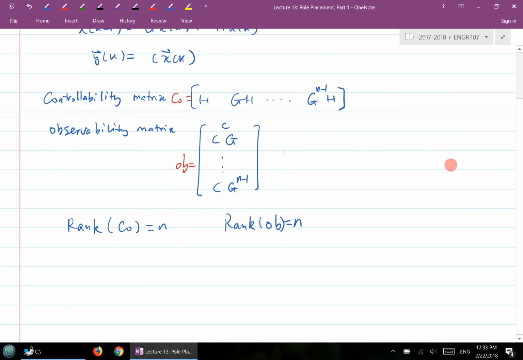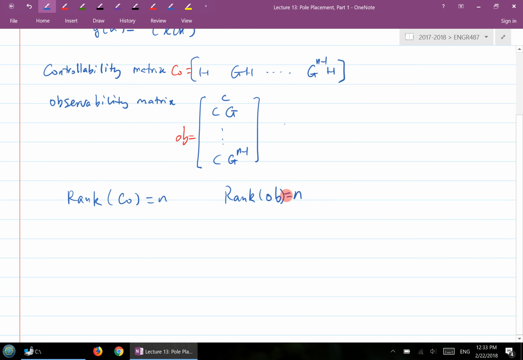Just a little bit on the observability here, because this is in the column format. Now, instead of the column format, you can also write the condition as the rank of the transpose of the matrix.